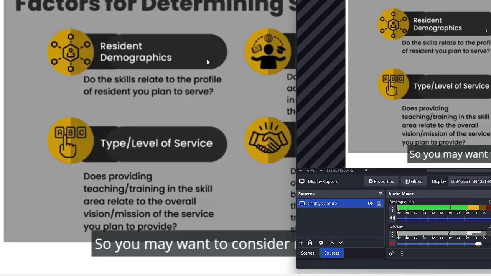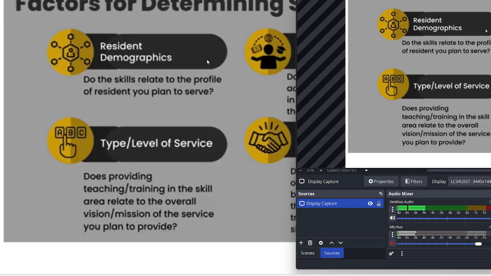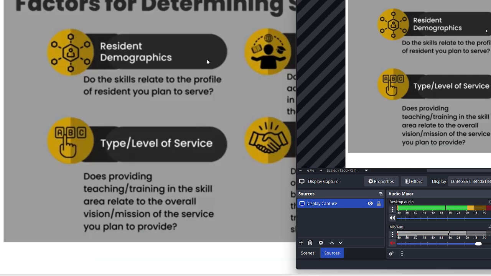So you may want to consider not teaching adult sign language or American Sign Language if your staff do not have any education or training in that model of communication. You may want to consider what other resources that you have access to or plan to offer, such as, do you plan to partner with other specialists, such as a behavior consultant, who may have the relevant education and training needed to address the skill area?